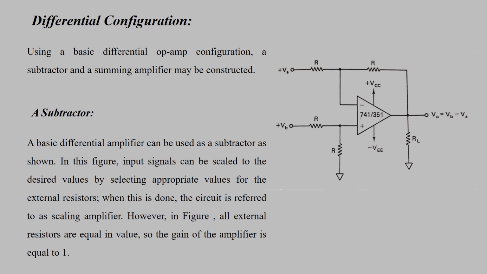In this figure, the input can be scaled to the desired value by selecting appropriate values of the resistors, and when this is done, this can be referred to as a scaling amplifier. However, in this figure, all resistors are equal in value, so the gain of the amplifier is 1.